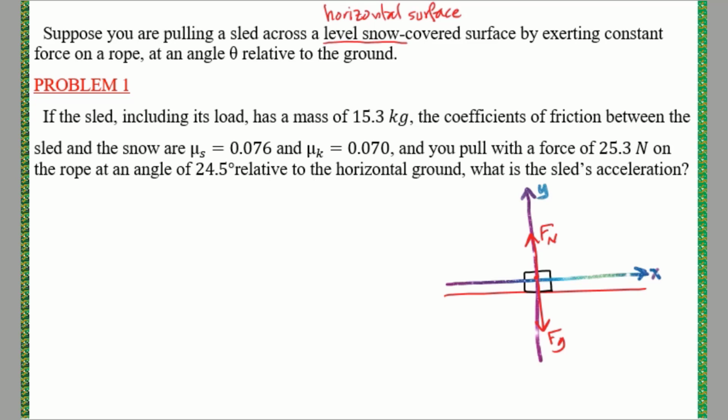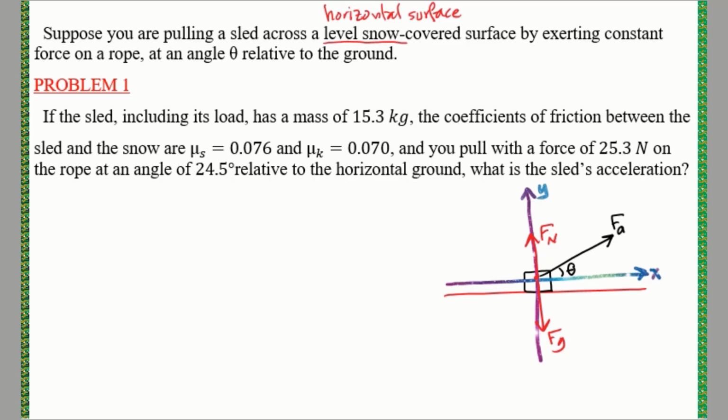Then, as the question told us, there is a pulling force inclined with an angle of theta. This is the pulling force Fa, and this is the angle theta. Now we will continue reading the question to see what information is included.